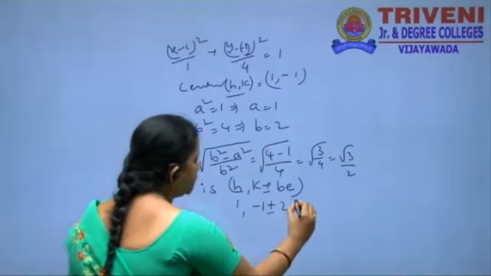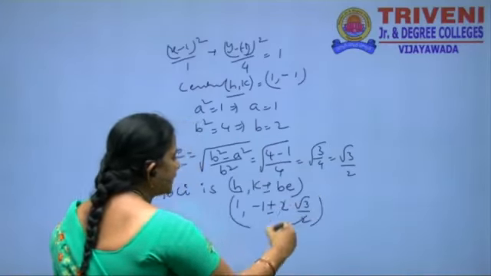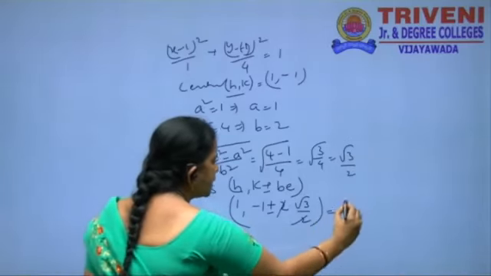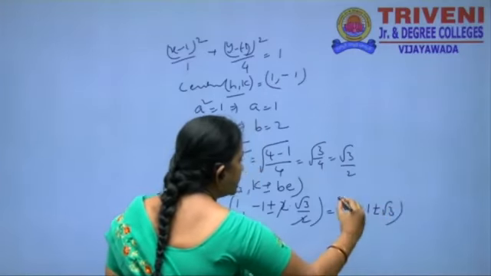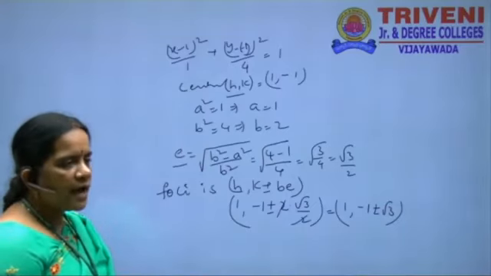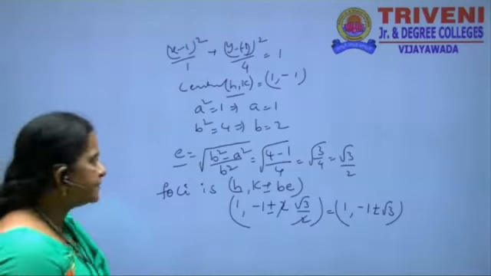Substitute here, b is 2 into root 3 by 2. 2 gets cancelled here. Then the foci is 1 comma minus 1 plus or minus root 3. This is the foci.